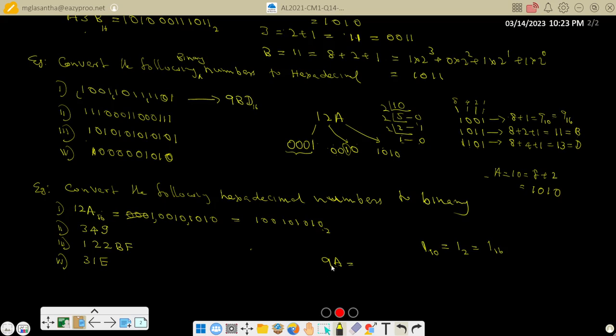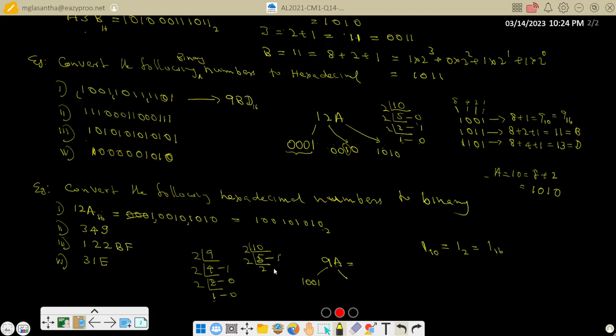How do you find the binary equivalent of 9? You can just divide by 2. This gives 4, balance is 1. Again divide by 2, gives 2, balance is 0. Divide again by 2, gives 1, balance is 0. So 1 0 0 1. A is 10. What is the binary equivalent of 10? 10 divided by 2 is 5, balance is 0.